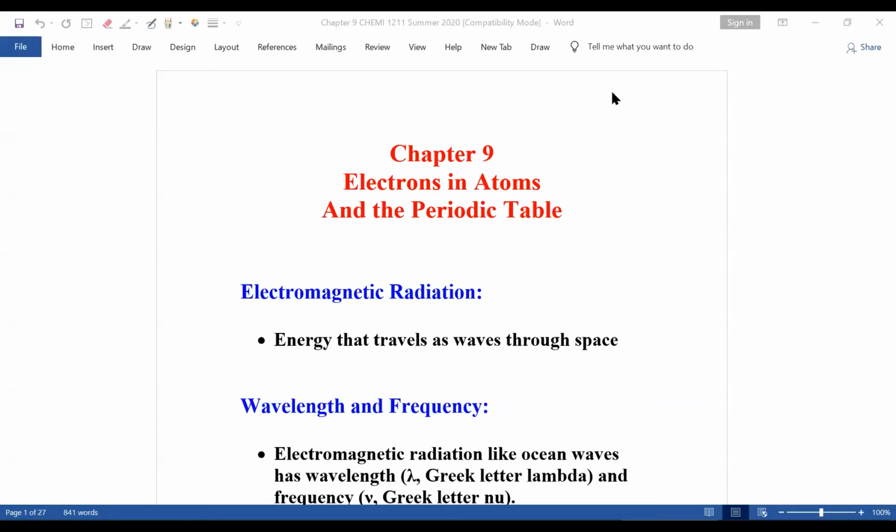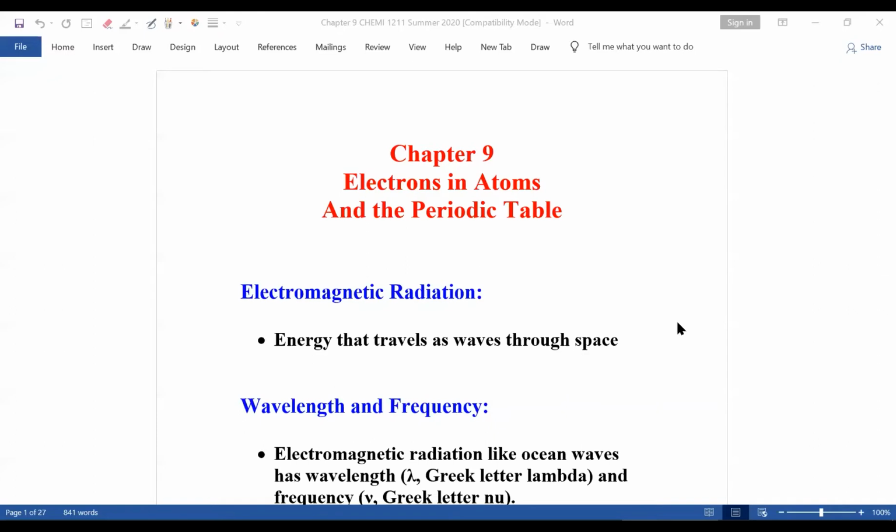I showed you that the nucleus contains the protons and neutrons, and it's in the center, and it's very dense. Where are the electrons? Well, they're all around the nucleus in the center of an atom, but where are they? Are they like planets, like in our solar system? And the answer is no. Where are they? Well, that's what you're going to learn about in this chapter.